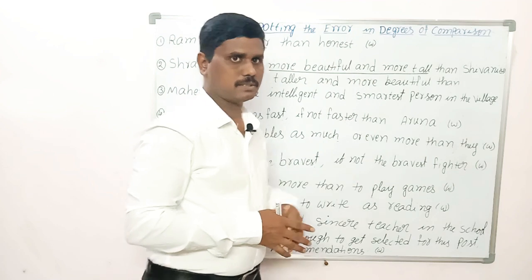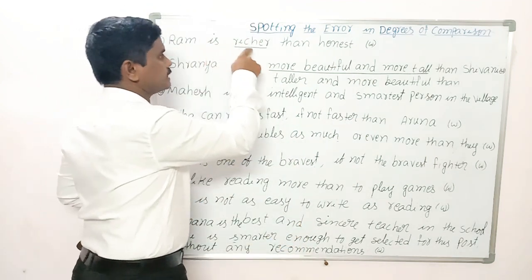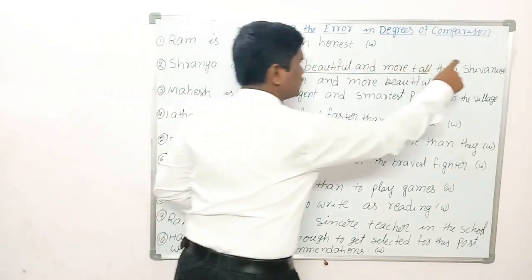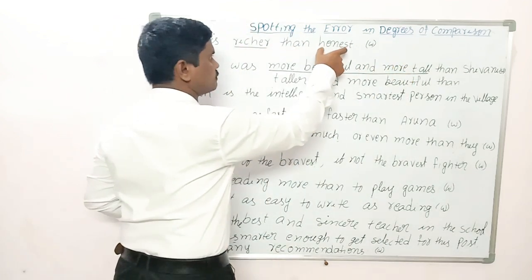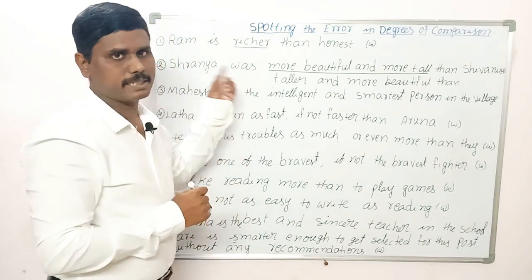I think you understood. Now let us go to the first one. Ram is richer than honest. Here look at it. Sharanya, Shivani, 2 people, 1 quality. Whereas here the comparison is between 2 qualities. Most important sentence.